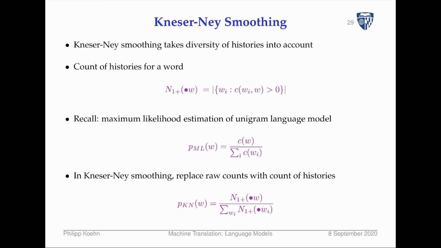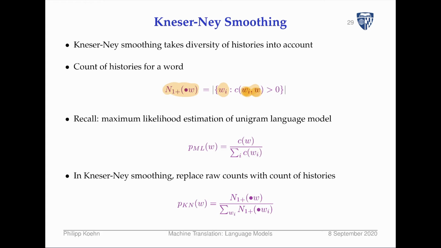Kneser-Ney smoothing takes a diversity of histories into account. We have a similar thing to what we just noticed in Witten-Bell smoothing, just the other way around. We look at how many different contexts this particular word occurs in. How many words are there such that you have a bigram where that word and the word in question follow each other? How many of those are there?